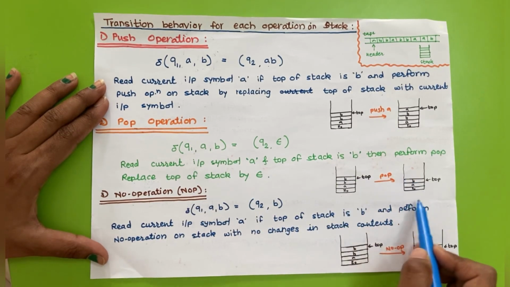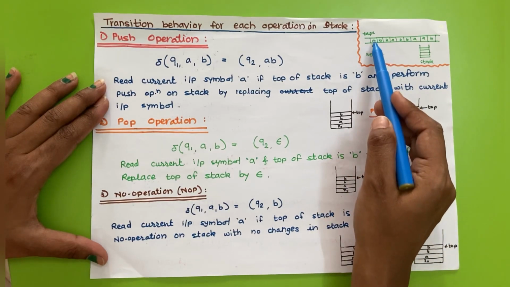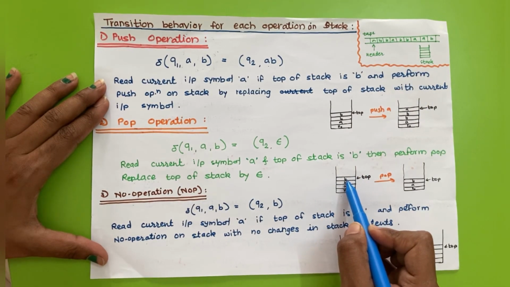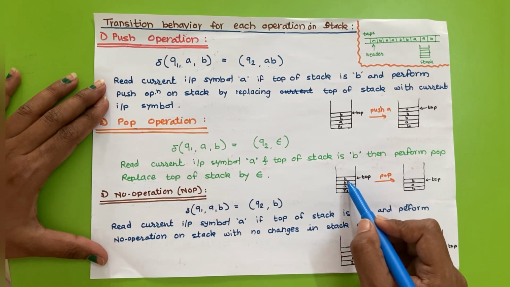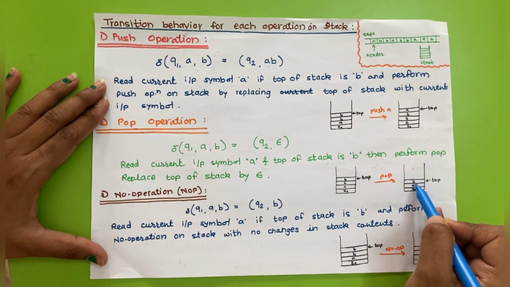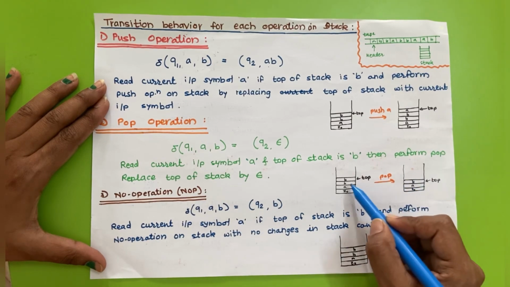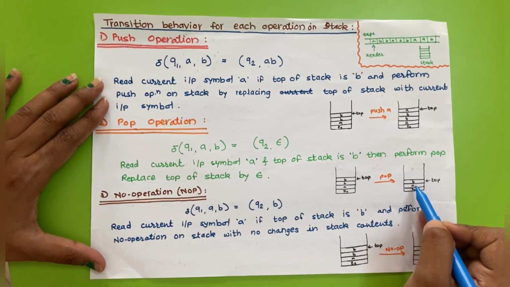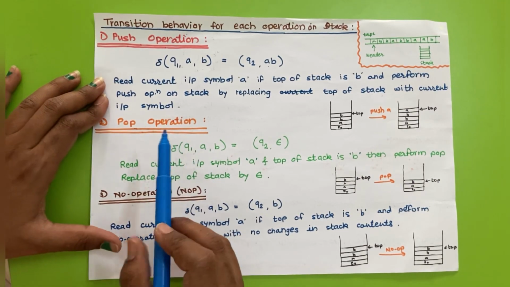Here we have represented the situation. We are reading current input symbol a, current top of stack is b, and if we wish to perform pop operation, then this b will get popped out and our next top is the next element below the top. So here b is replaced with empty. This was related to pop operation.